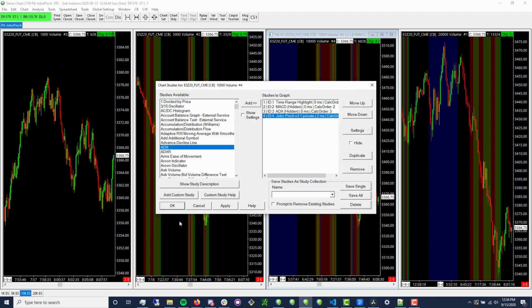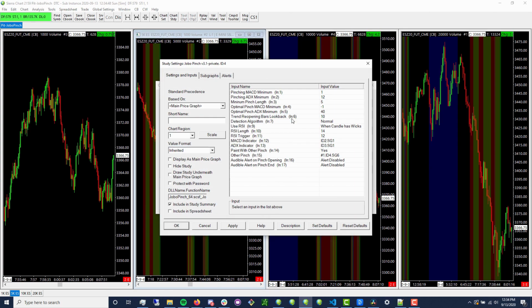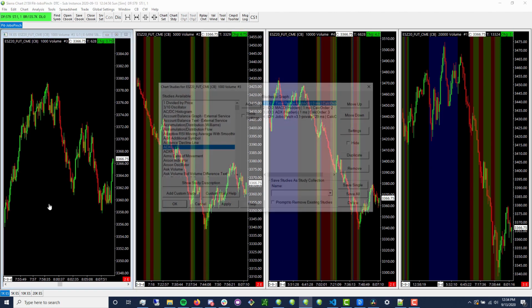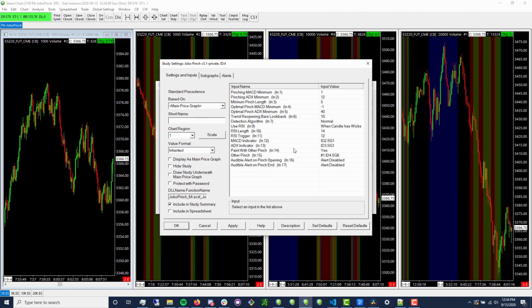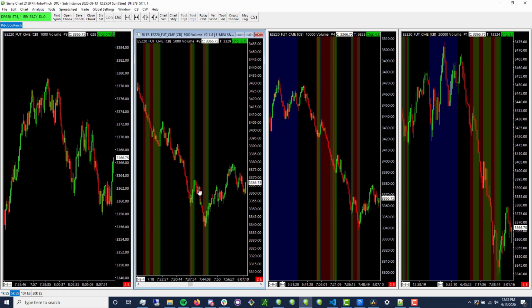So this one's already pointing correctly. And you can see it'll change just so slightly. All right, I think now they're all set up correctly.